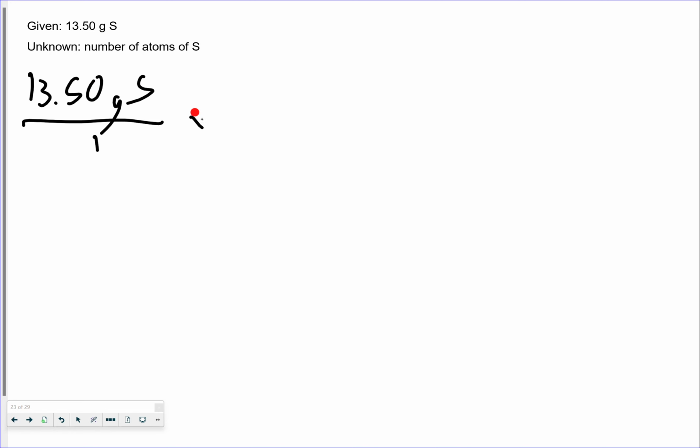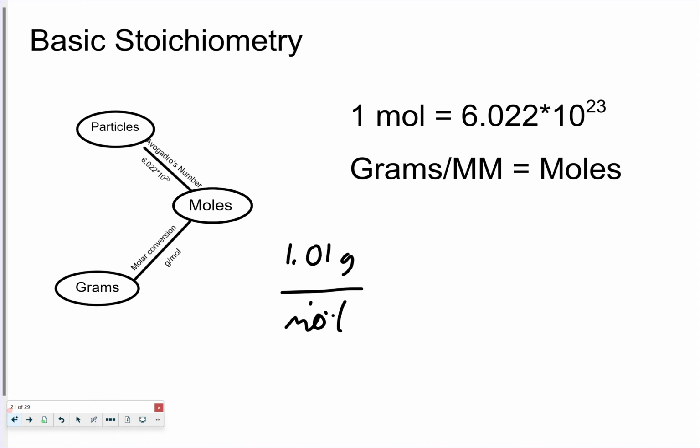A lot of people would make the mistake here and try to go directly from grams to atoms. However, we cannot do that. We must go to moles first, by following the mole map. If we're in grams, we cannot go directly to particles. We must go to moles and then particles.